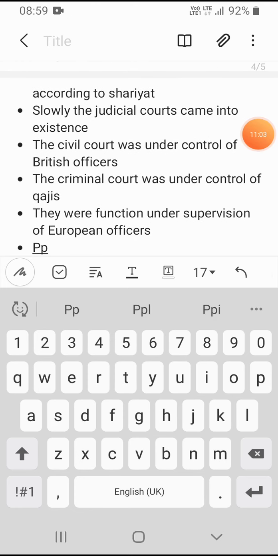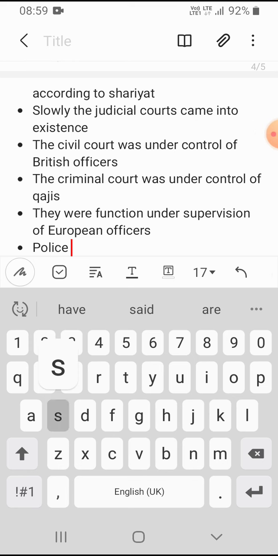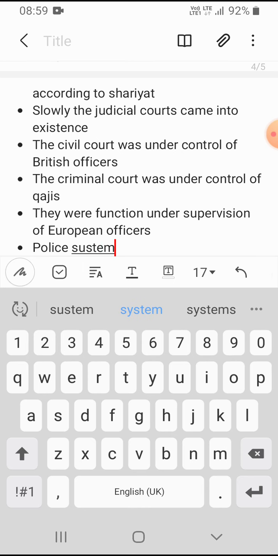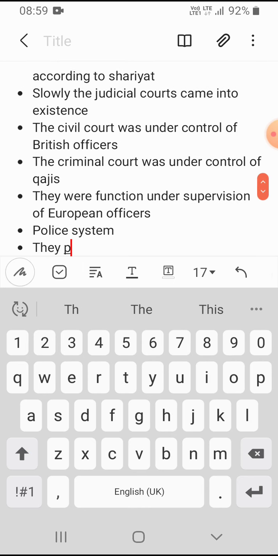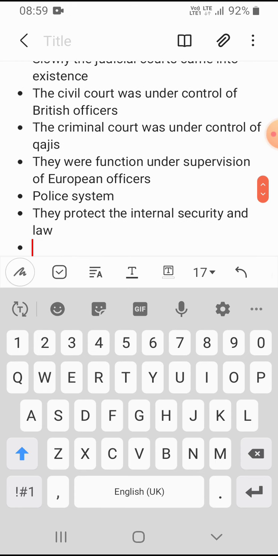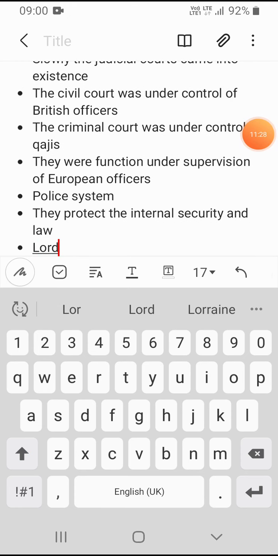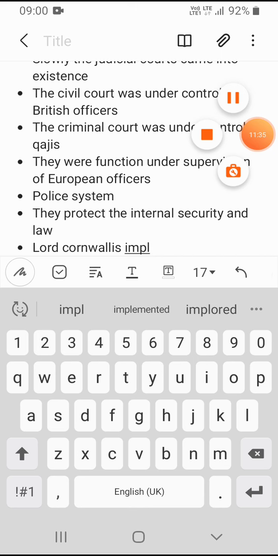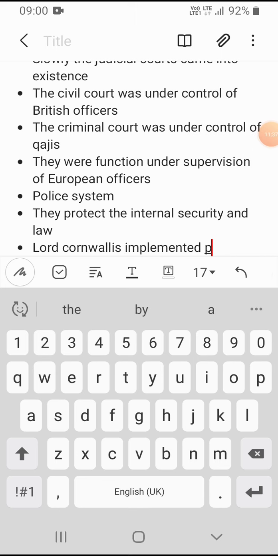After the judicial and administration, the police system. They protect internal security and law. Lord Cornwallis implemented the police system.